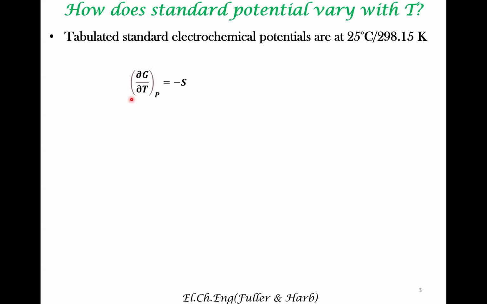The dou G by dou T at constant pressure depends on entropy. This is a simple result from your thermodynamics courses. So the main determinant of how free energy changes with temperature, and consequently how potential changes with temperature, depends upon entropy changes.